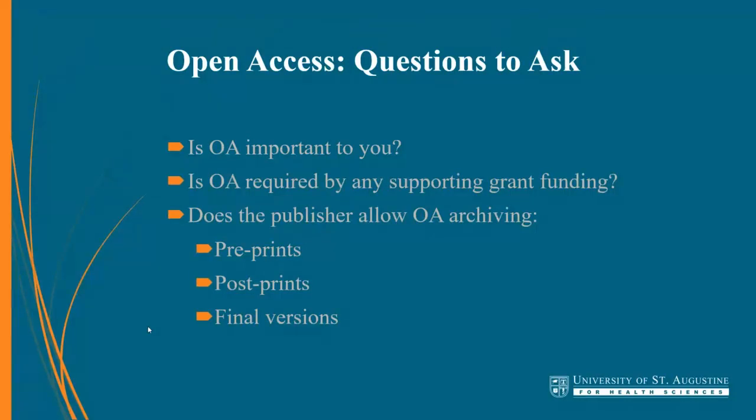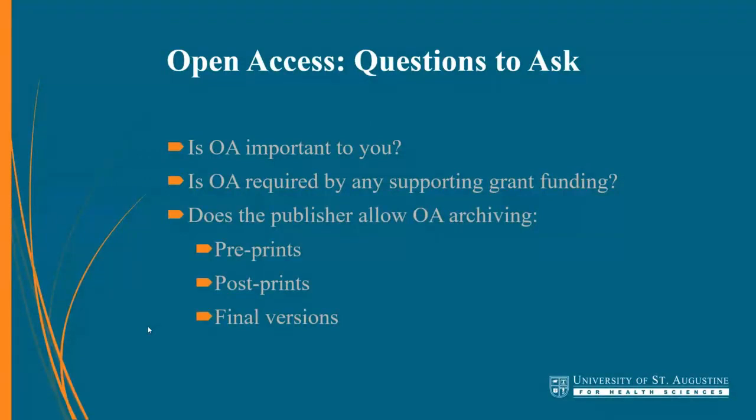When it comes to working with your publisher, typically they will have some policy in place where they may allow you to archive preprints. By preprints I mean like the original manuscript, maybe before the actual peer review process. They may allow you to archive postprints, which would be the final manuscript minus the sort of fancy formatting of the publisher.